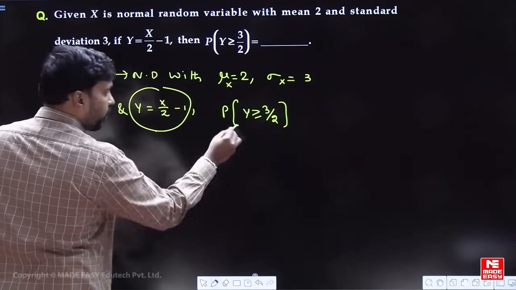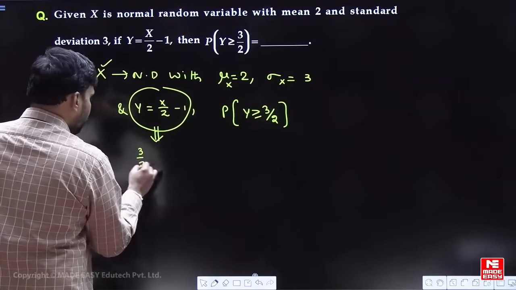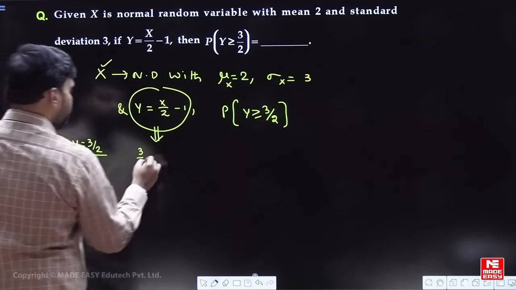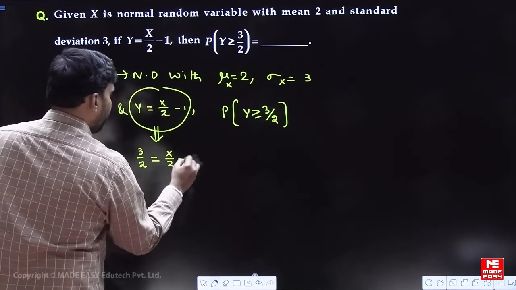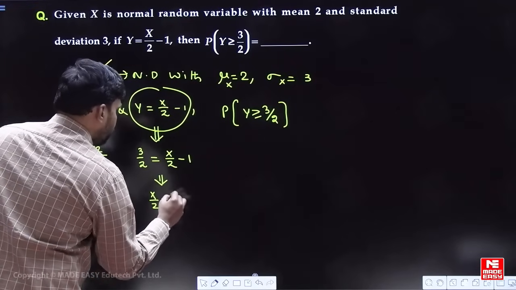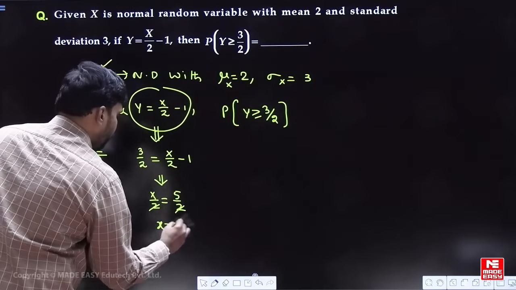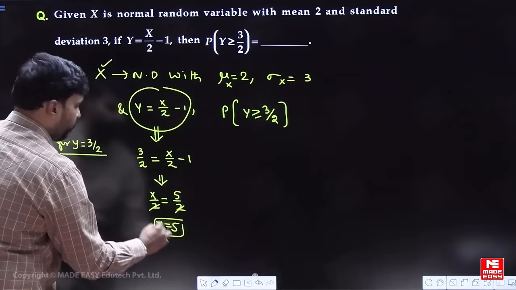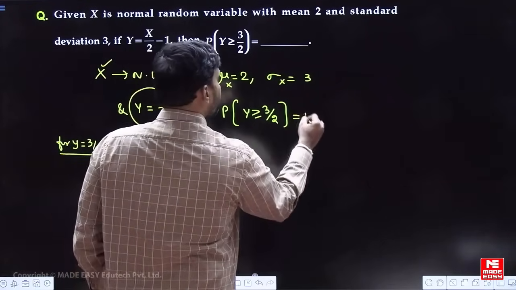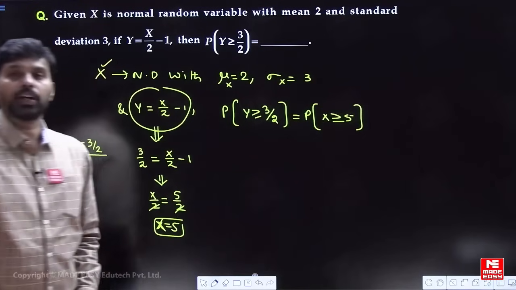For y equal to 3 by 2, x by 2 minus 1 equals 3 by 2, so x by 2 is equal to 5 by 2. The 2 gets cancelled and you get x equal to 5. So this is the same as x greater than or equal to 5.